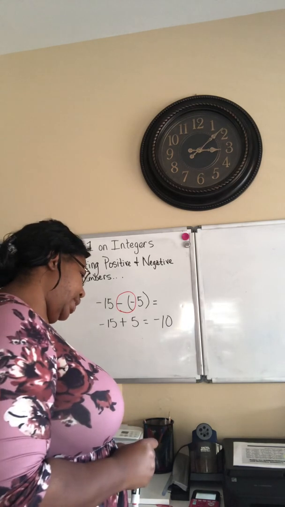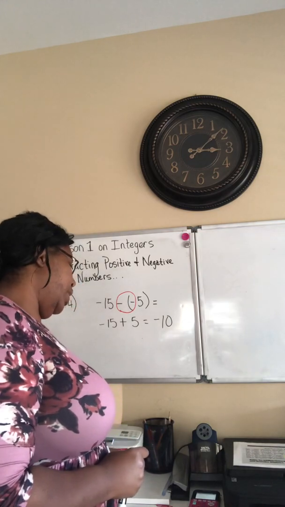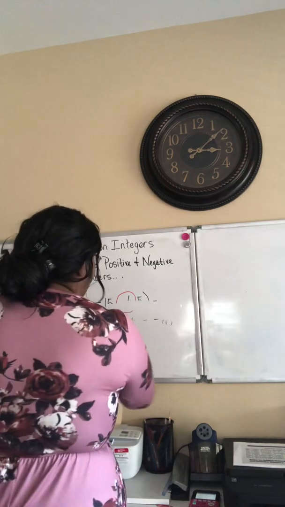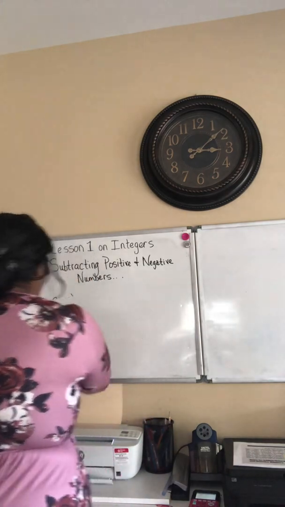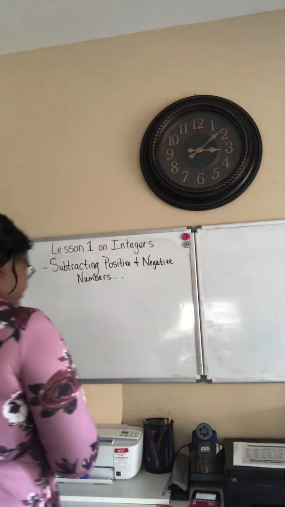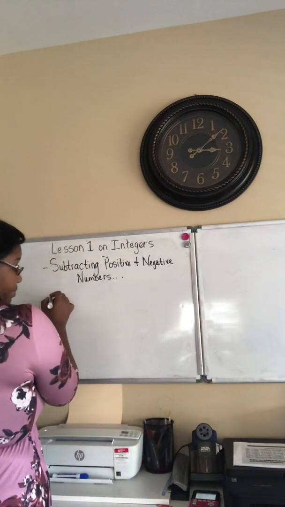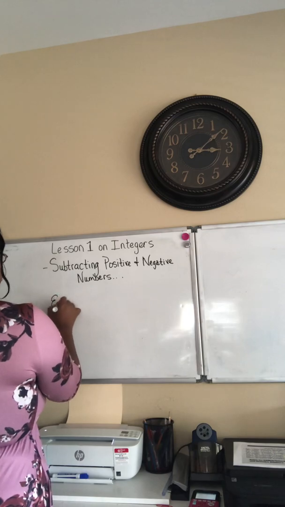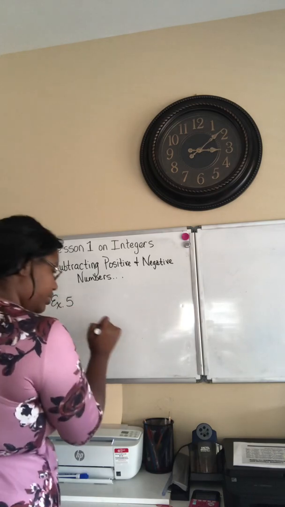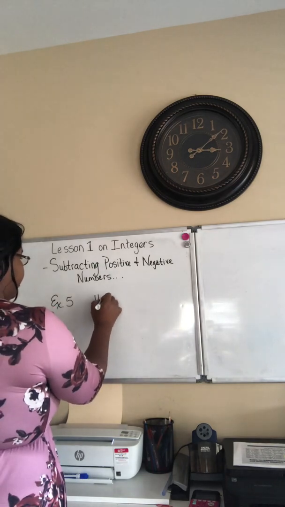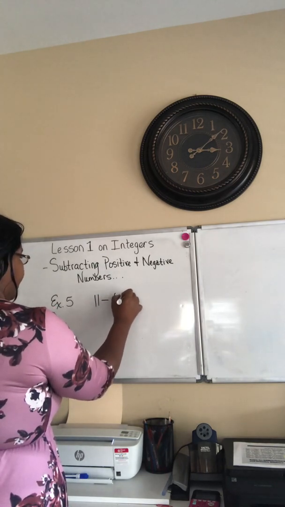Now we have to look at what happens when you have a different scenario. Okay, so we have two other rules that apply to subtracting that we need to consider. Let's say you had this situation. 11 subtract a negative 8.